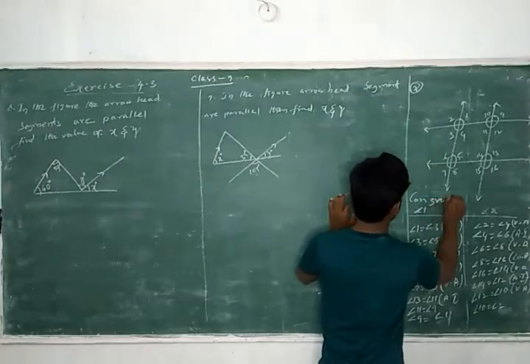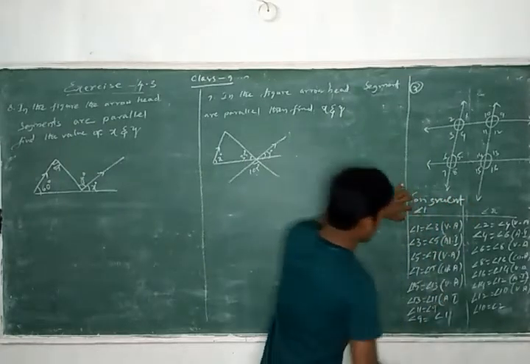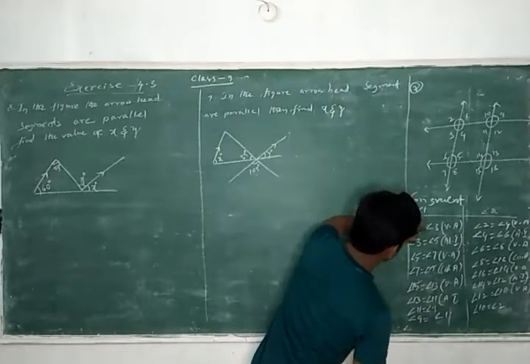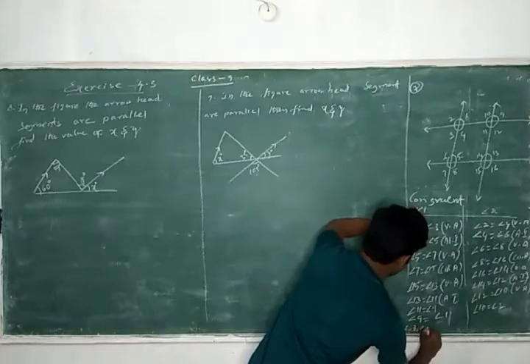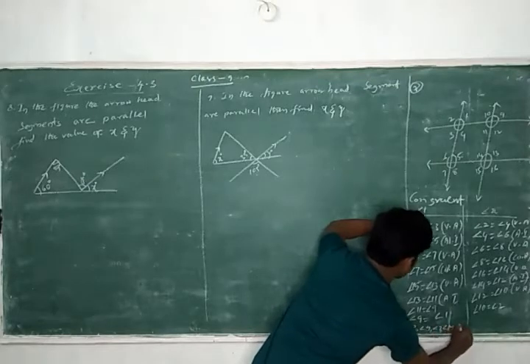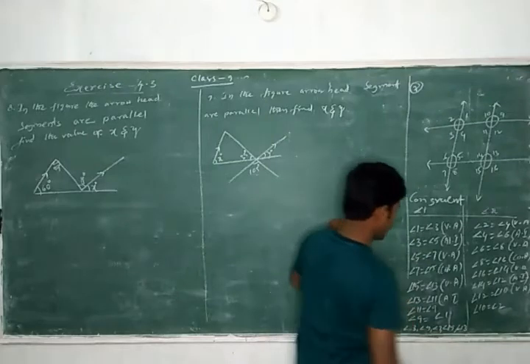Which of the angles are congruent to angle 1, angle 2? Angle 1 is congruent to angle 3, angle 5, angle 7, angle 15, angle 13, angle 11.